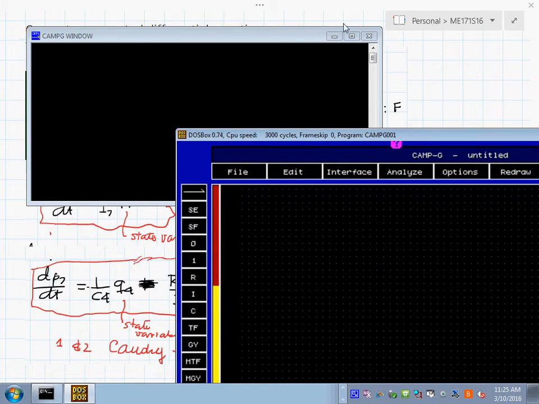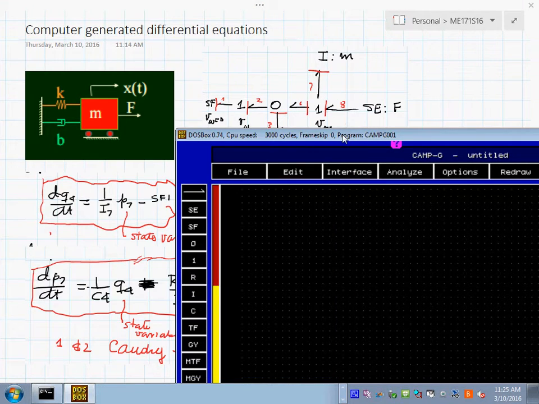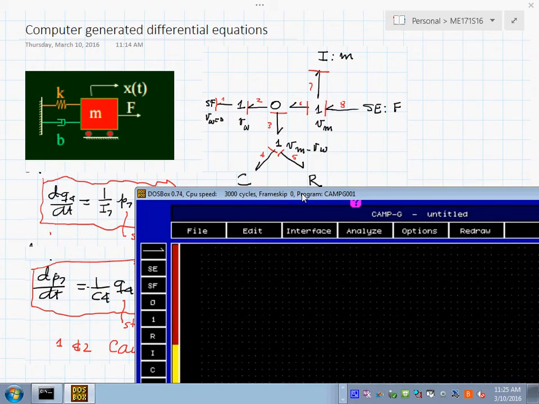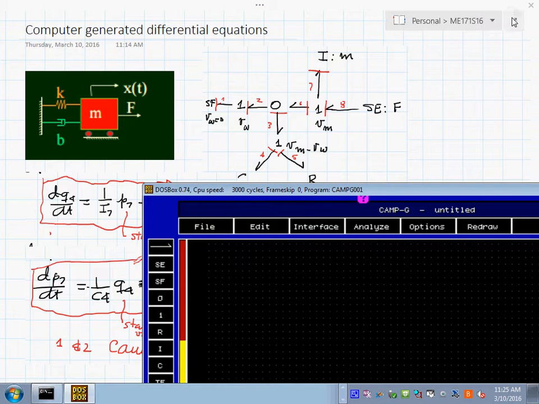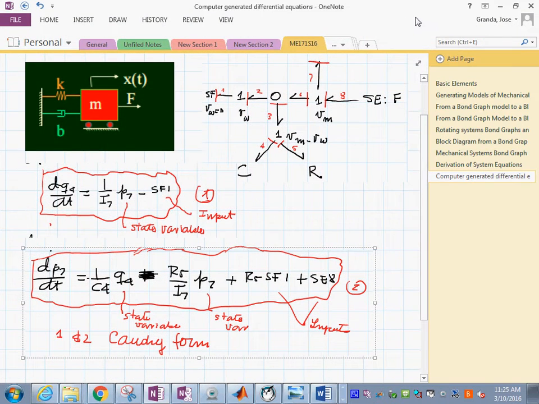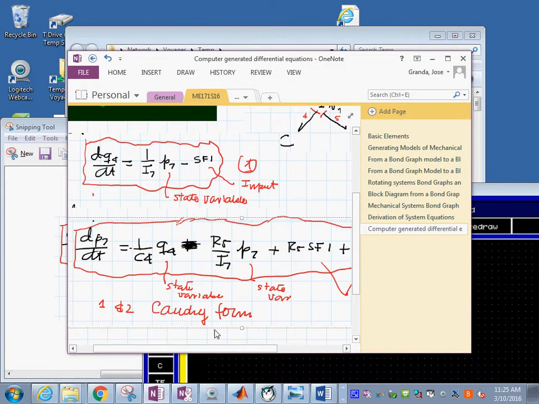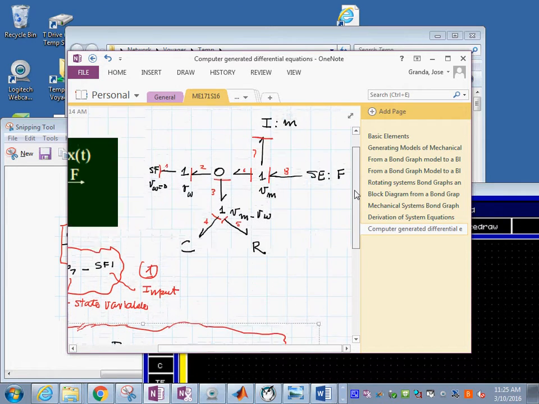Maybe we'll move it in such a way that we only have the bond graph view in one window, and we have CAMG on the other one. So let's just go over here, and we're going to put it just there in the corner. This way we can see it really well. See? All right.